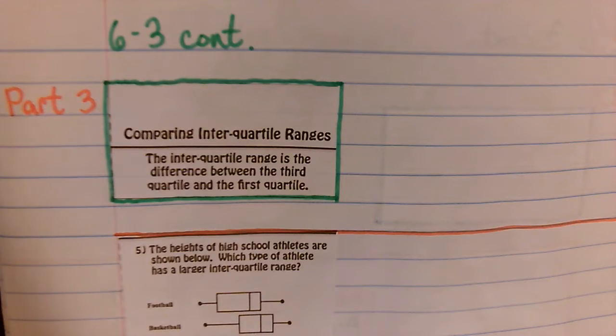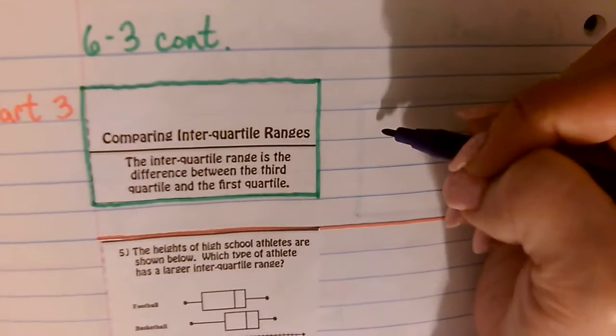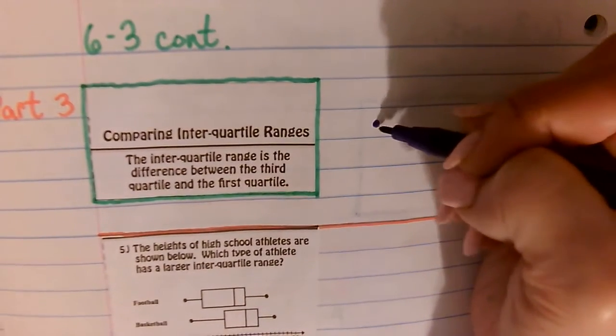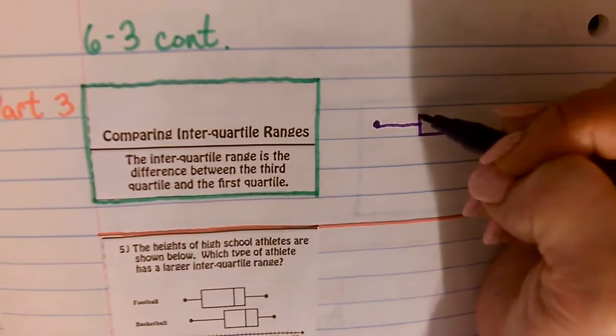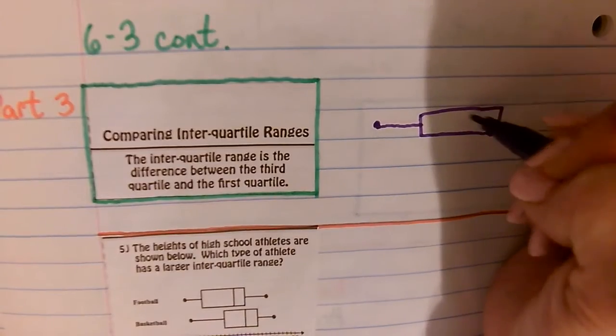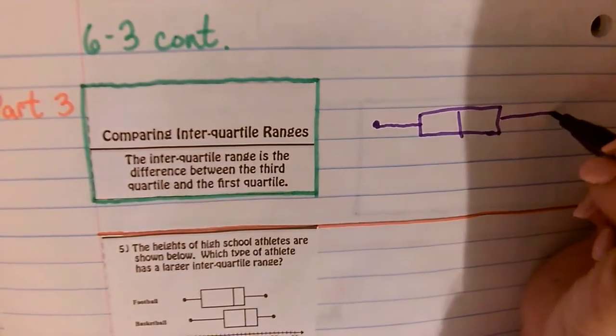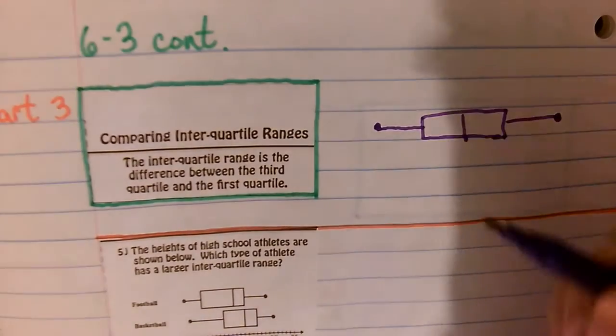For our final section in 6-3, we'll call it part 3, we're going to compare interquartile ranges. And probably before we do, we need a little refresher and reminder related to the quartiles themselves, or quarters. If we draw just a little picture here as a reminder, you notice that there are 4 sections.